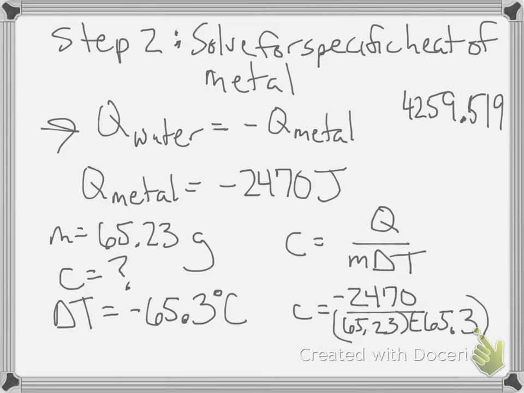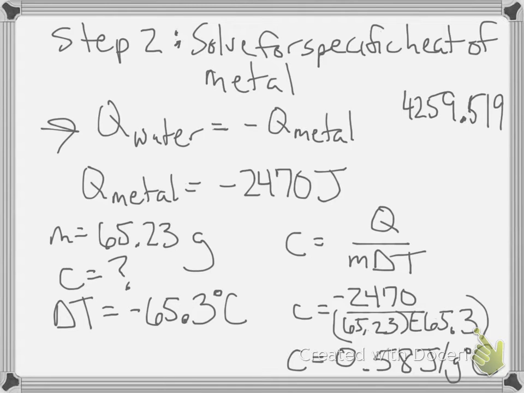And I'm going to round to 2 decimal places here. The specific heat of this metal is going to equal 0.58 joules per gram degree Celsius.